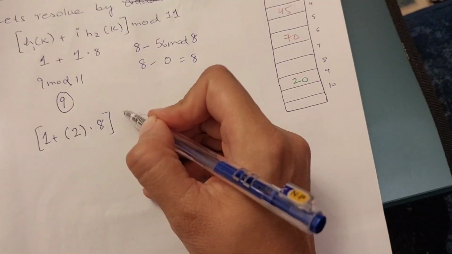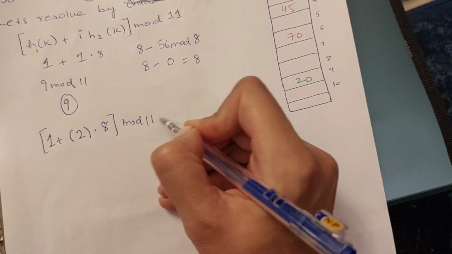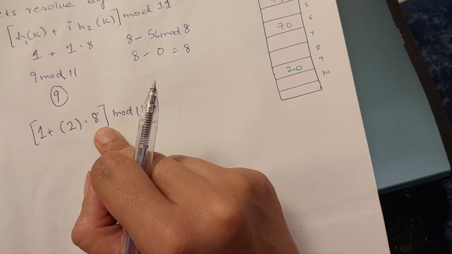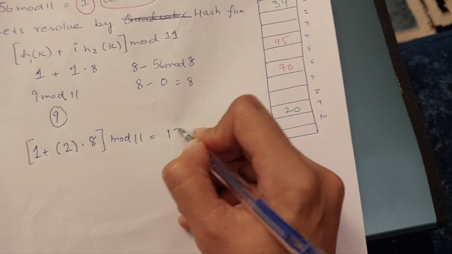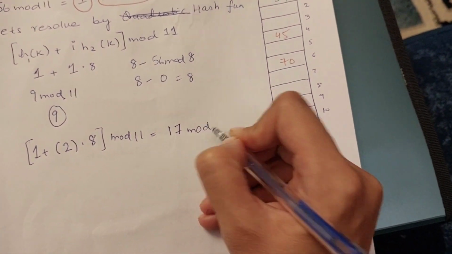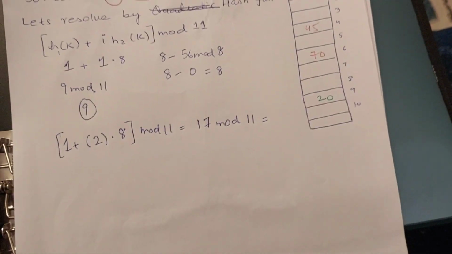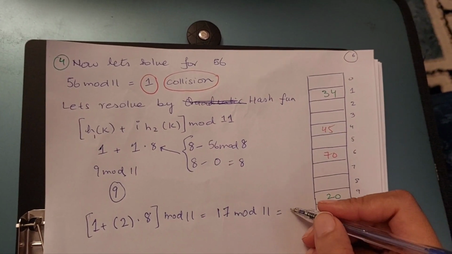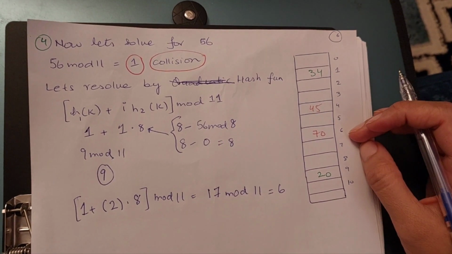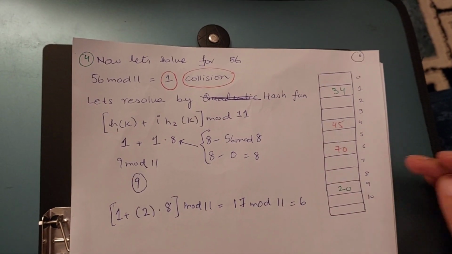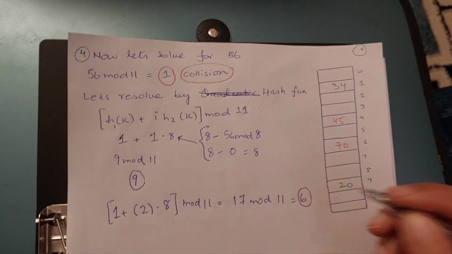So this entire thing mod 11, 8 times 2 is 16, and 16 plus 1 is 17. So 17 modulus 11 is 6, but you can see that 6 is already filled, so it is again a collision.